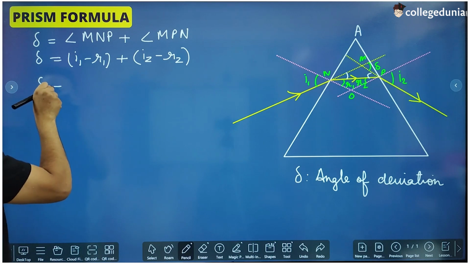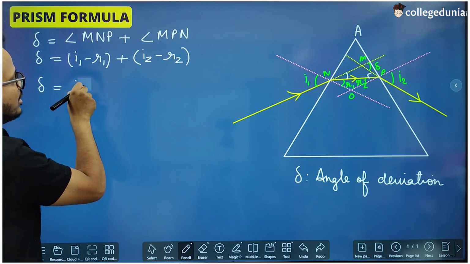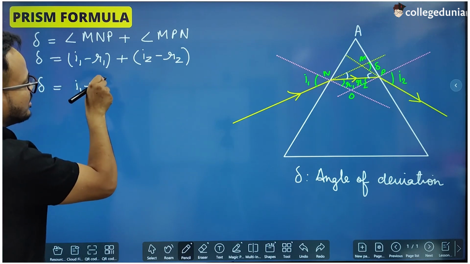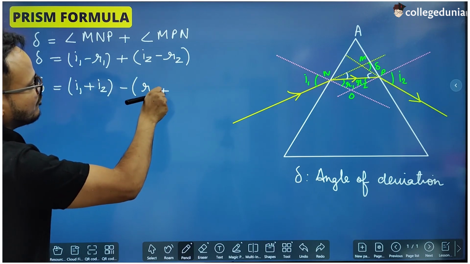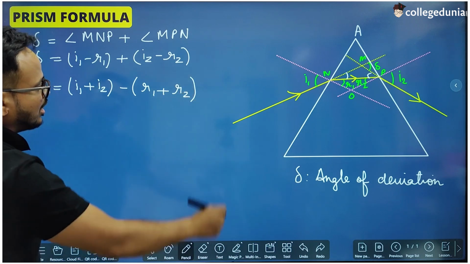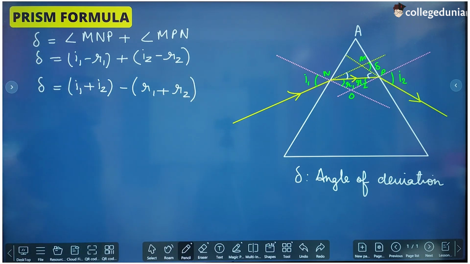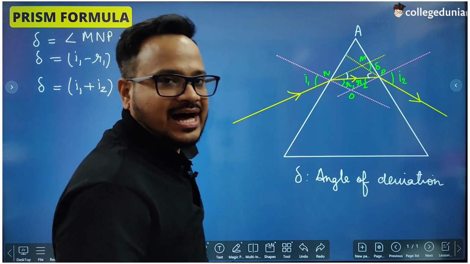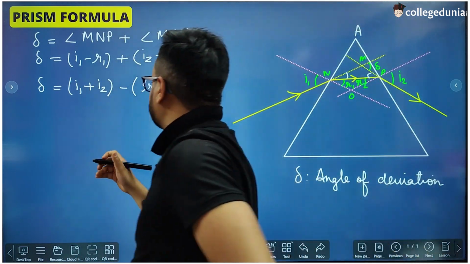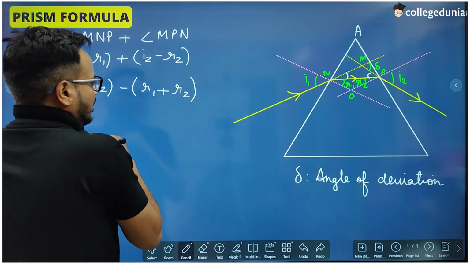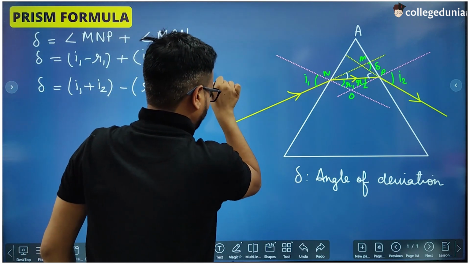So delta is I1 plus I2 minus (R1 plus R2). Delta is I1 plus I2 minus (R1 plus R2). Clear? Okay. Now let us take this as 1.